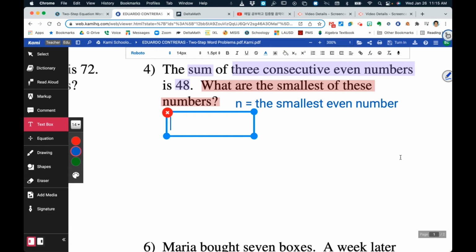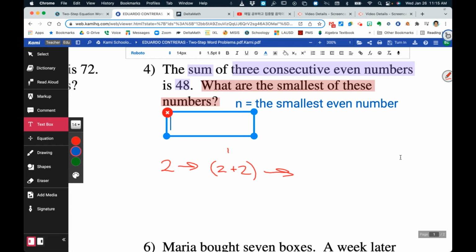But let's experiment a little bit with even numbers. Say the number is 2. That's our smallest number. How do I get to the next even number? What's the next even number from 2? 4. So that was 2 plus 2, right? How do I get to the next?